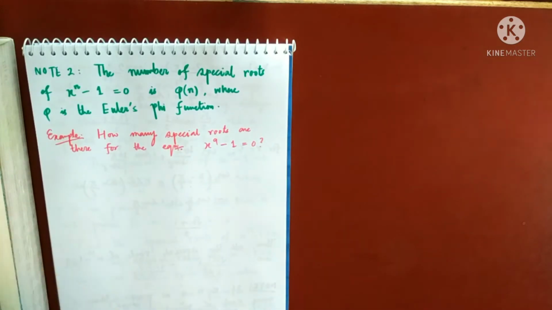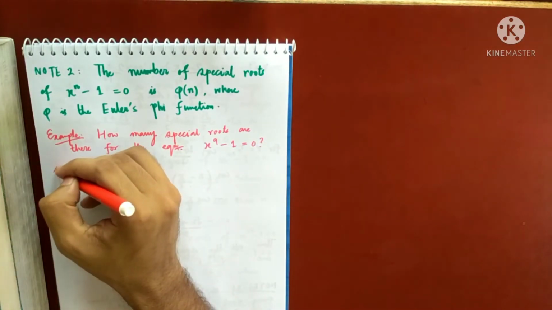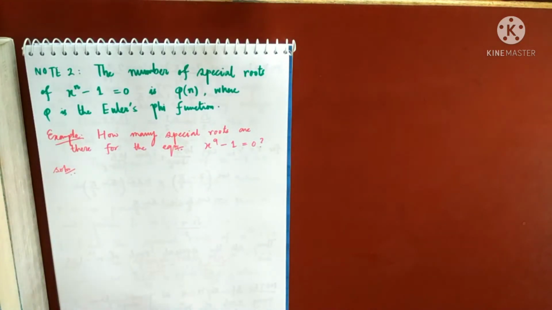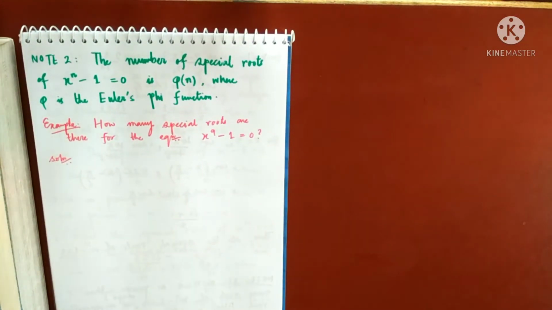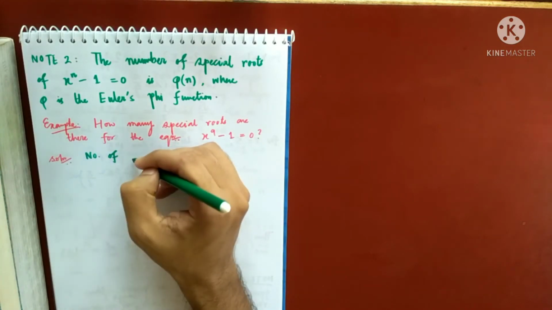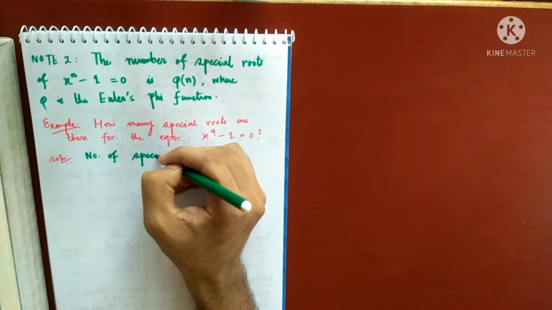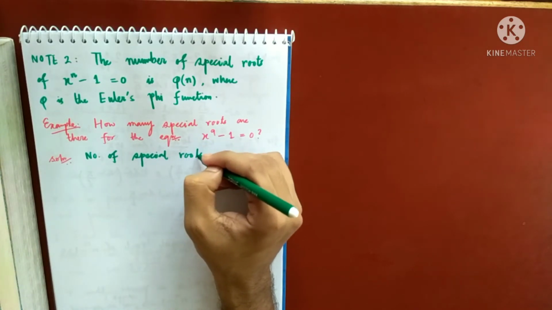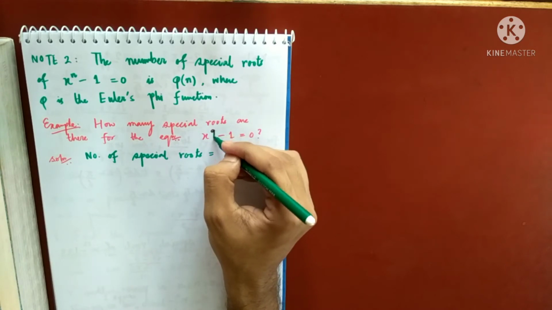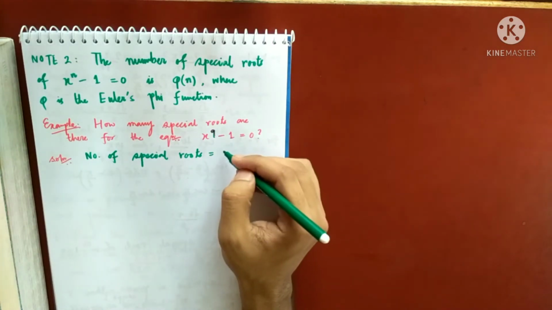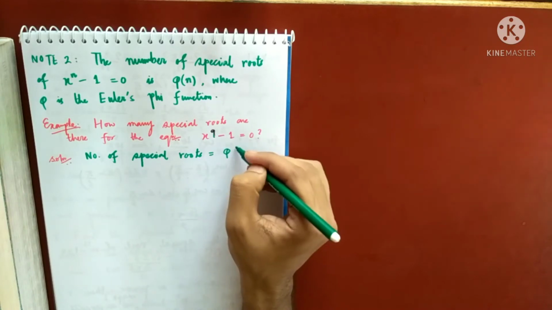Can anybody tell me? How will you write? The number of special roots will be equal to a to the power k minus 1 into a minus 1. No, number of special roots. This is 9, not e. Okay, this is 9. The number of special roots is phi 9.